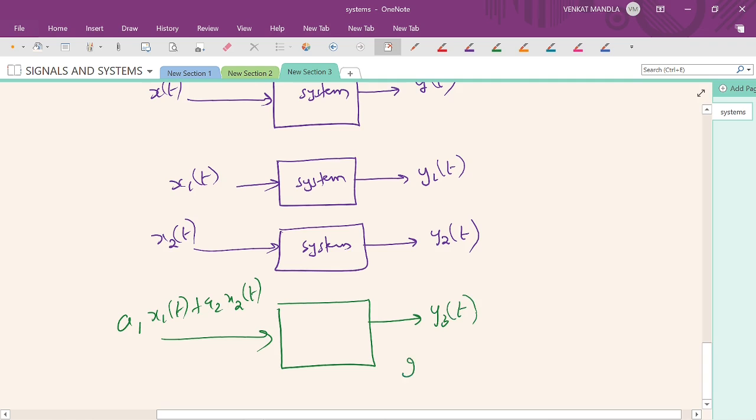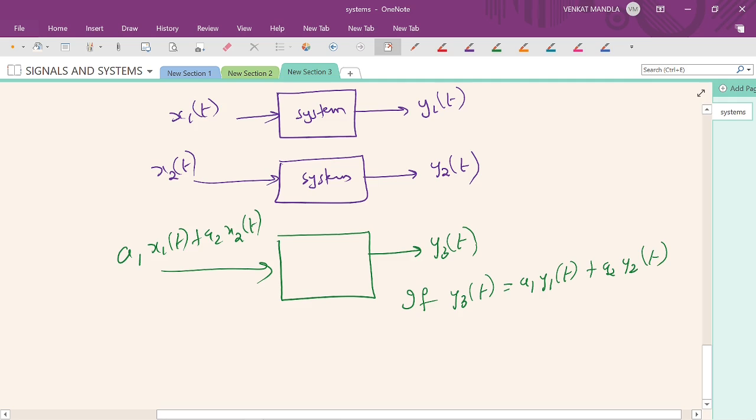If y3 of t equals a1 y1 of t plus a2 y2 of t, this condition includes both homogeneity and superposition principles. So if this condition is satisfied, then the system is said to be a linear system. That's it.